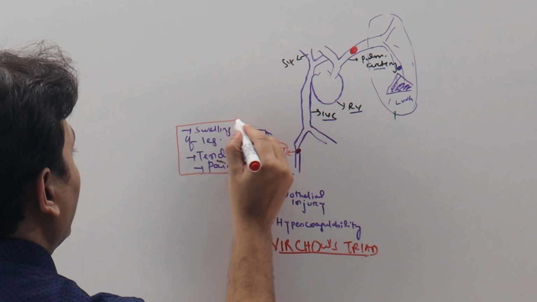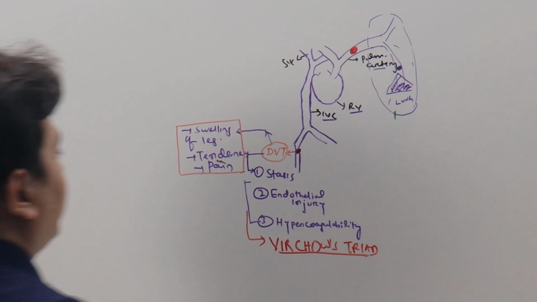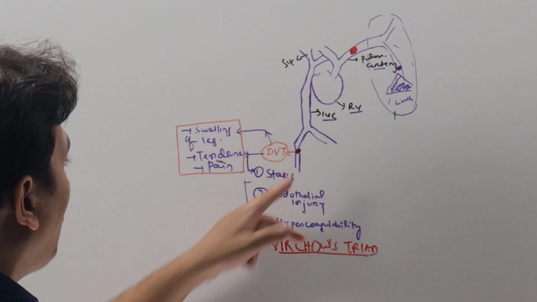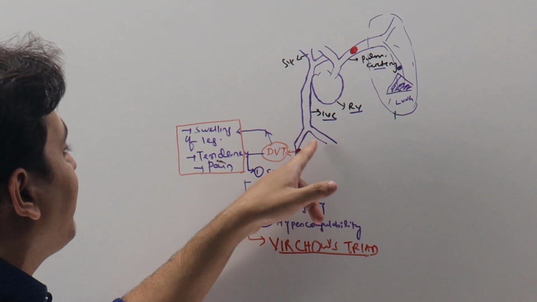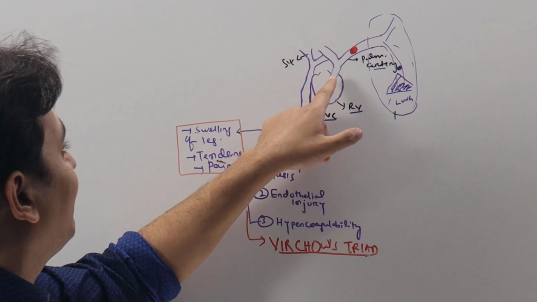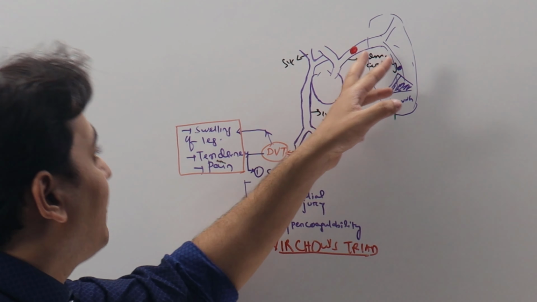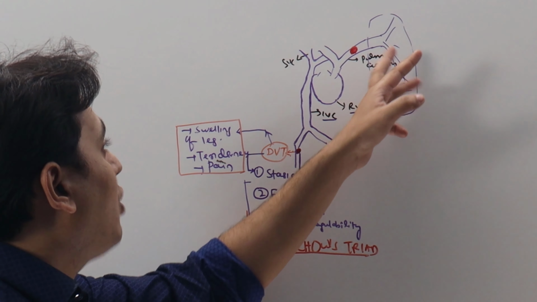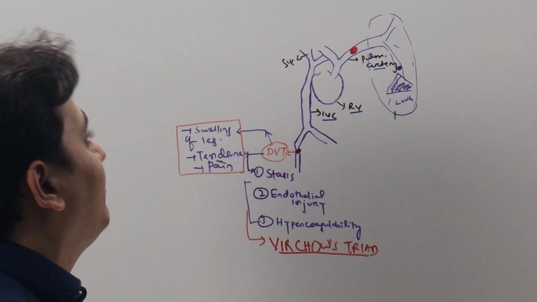The patient can present with these symptoms only. Once the DVT is formed, it has all the propensity to travel to the right atrium, to the right ventricle, and then it can lodge in the main pulmonary artery or in the segmental or subsegmental branches, right?